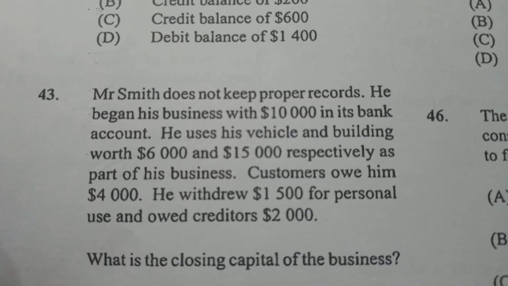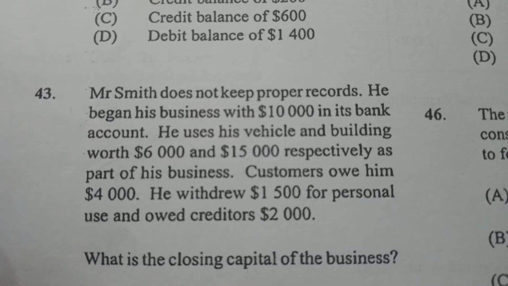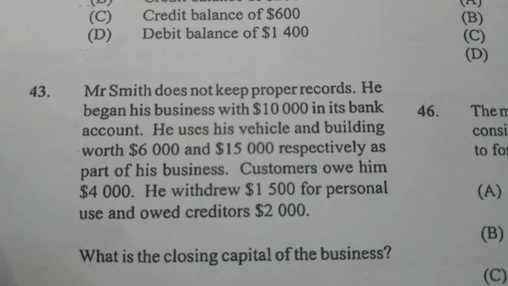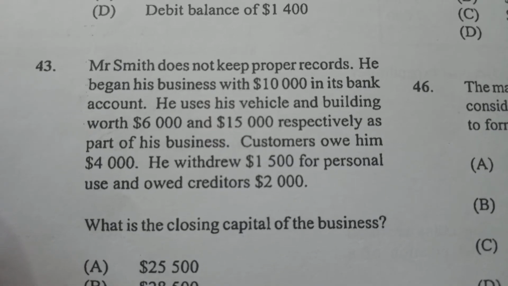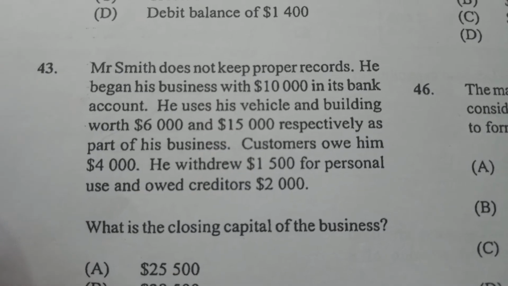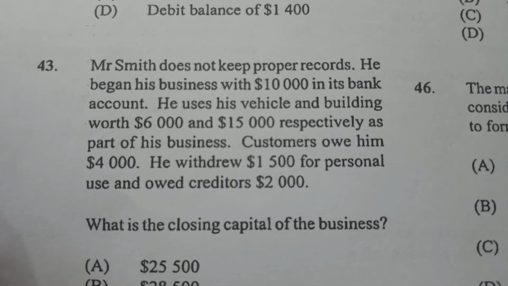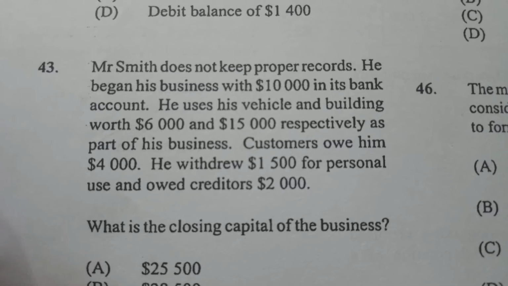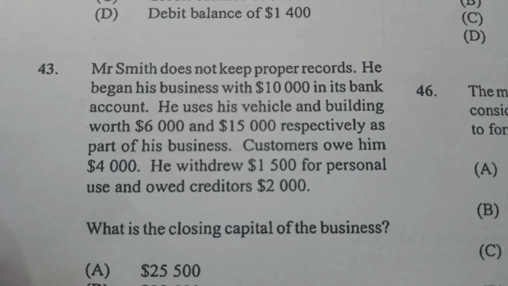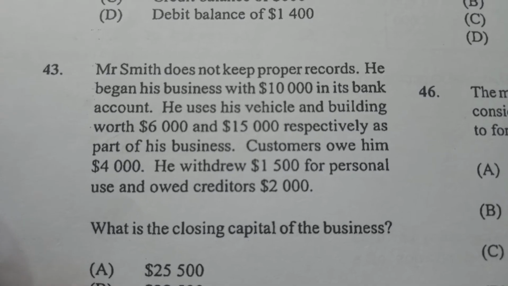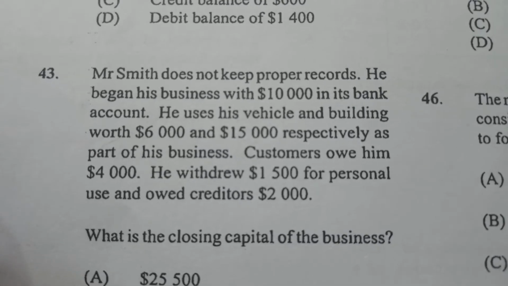He withdrew $1,500 for personal use and owes creditors $2,000. They're asking us what is the closing capital of the business. So far, this information is seeking a balance sheet concept. We're going to have to do a balance sheet and then work backwards to get the capital. All right, let's do that.